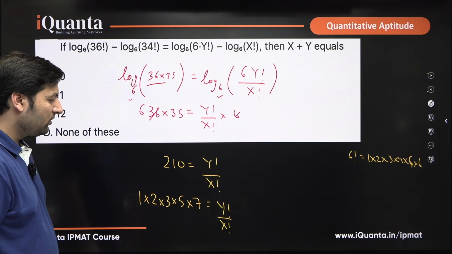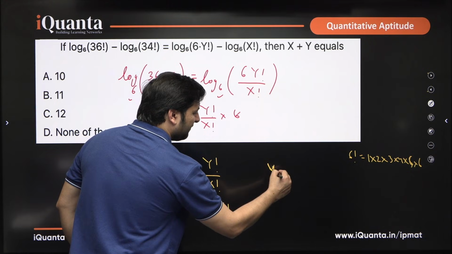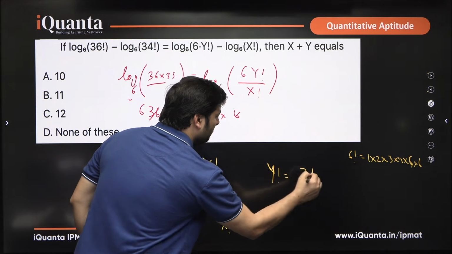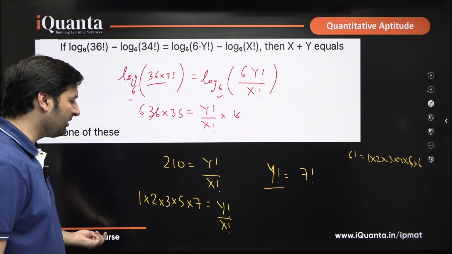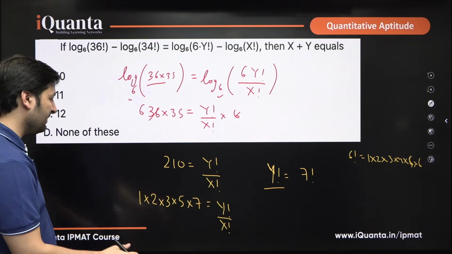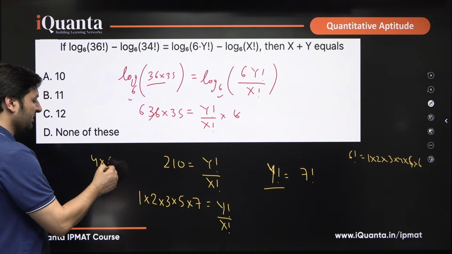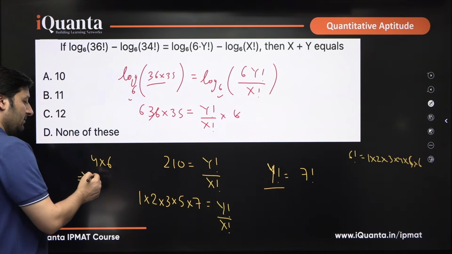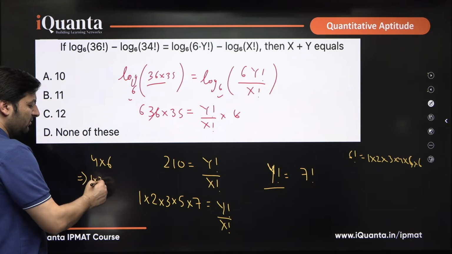Yes or no? So, that means y factorial would have been 7 factorial, and from this 7 factorial, if we have to cancel 4 and 6, 4 and 6 become what? 24. See, in this product 4 and 6 are missing. How can 24 be written? 1, 2, 3, 4.